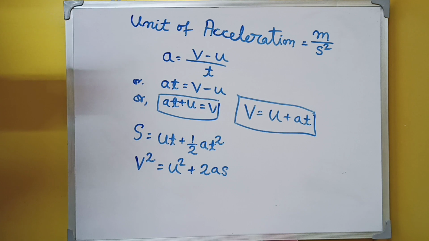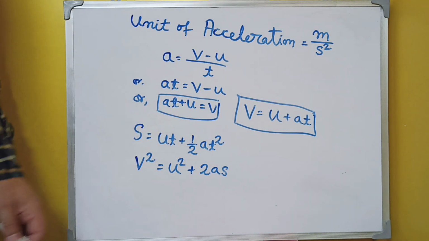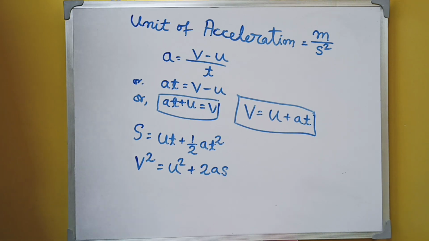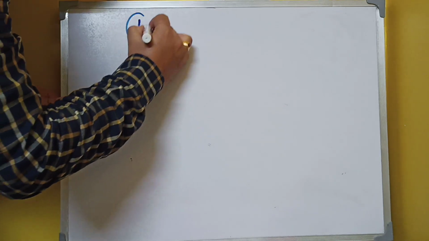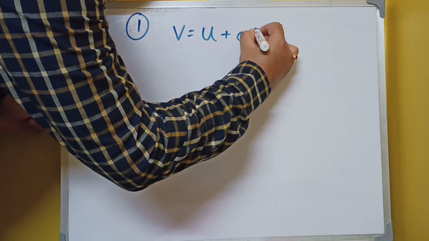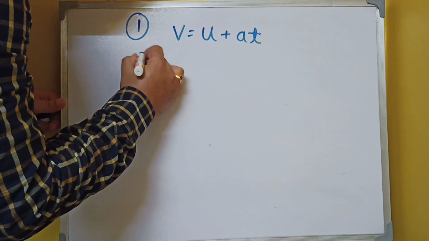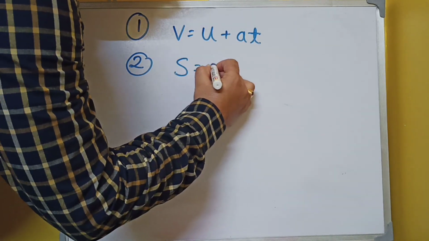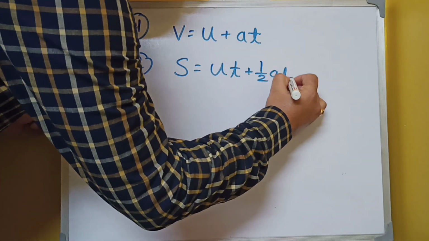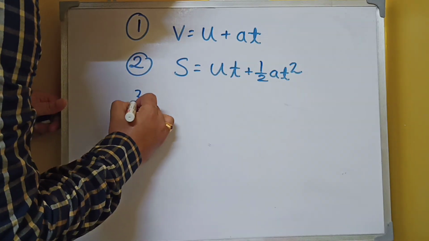So these three are mainly the three equations of Newton's law of motion. These three equations I will write down in one place. The first one, v; second; three.